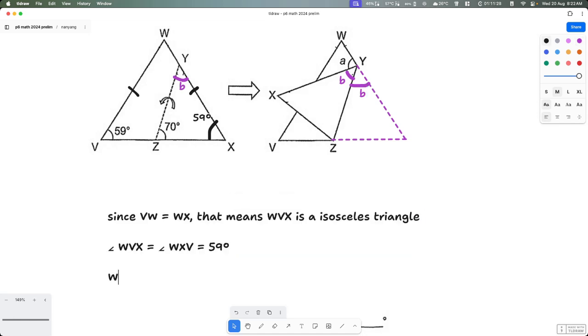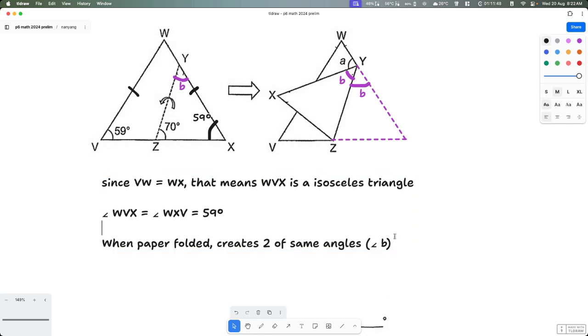So when paper is folded, it creates two of the same angles. So this is angle B, angle B, right? In this case over here. All right.